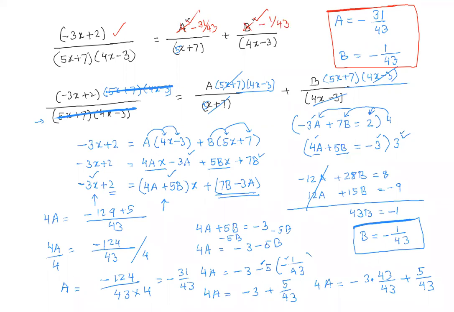And if you want, you can bring the 43 down here and write it like this: -31 over 43 times 5x plus 7, minus 1 over 43 times 4x minus 3. And if you simplify it, you're going to get this.